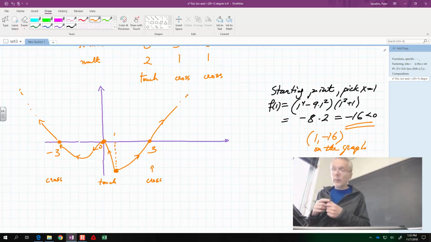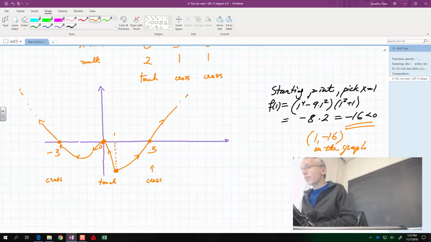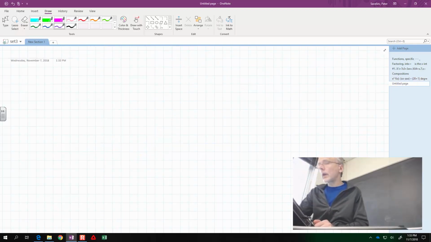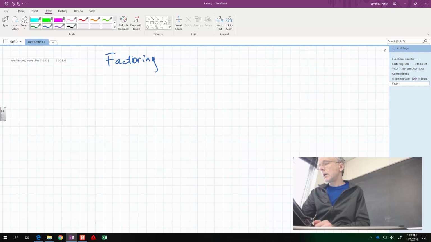However, there is some theory behind this factoring that I want to explain now, and it is based on a big analogy. So factoring, but this time factoring is not entirely about polynomials, it's also about factoring numbers.